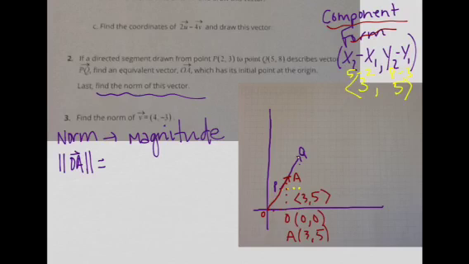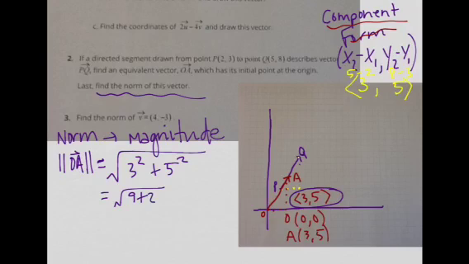Okay, and in order to find the norm, what we do is we take the square root of that component form of the vector. So my magnitude would be 3 squared plus 5 squared, and take the square root of that. So I get 9 plus 25, so I get square root of 34. That is the norm or magnitude. You'll see both words used for vector OA.